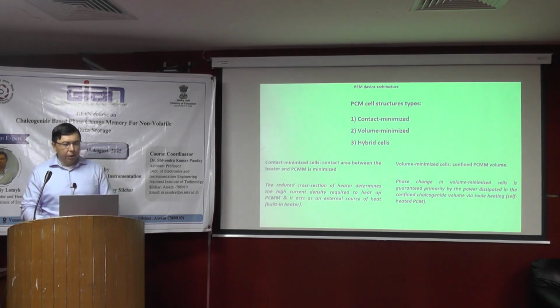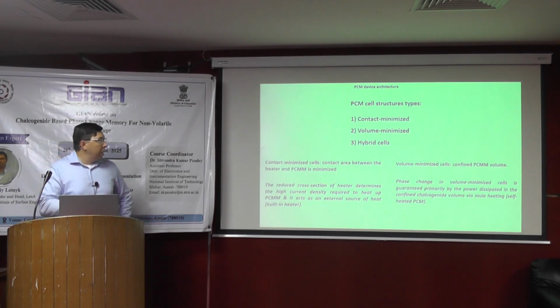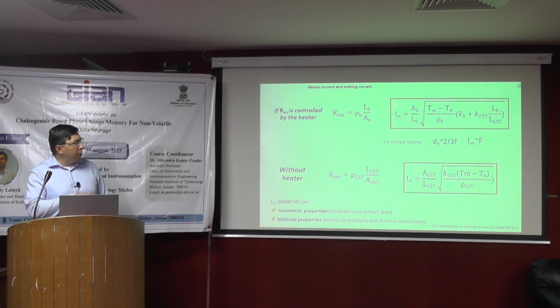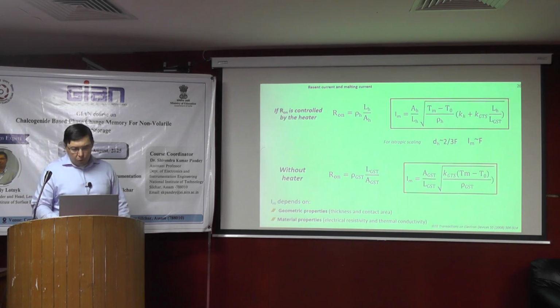In the literature you find different structures, and they are categorized in three types. One is contact minimized cells, second is volume minimized cells, and third is hybrid cells. The contact minimized cells are based on this equation, so you are trying to reduce the contact of your device.